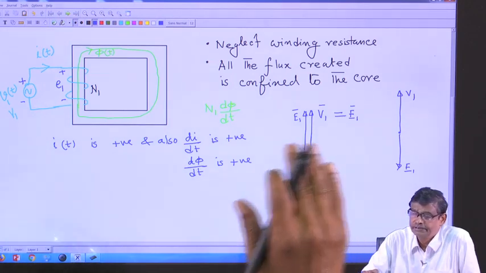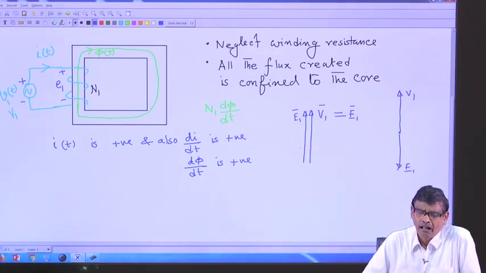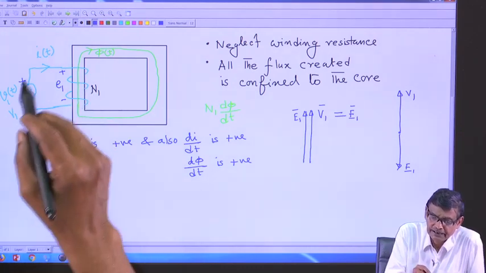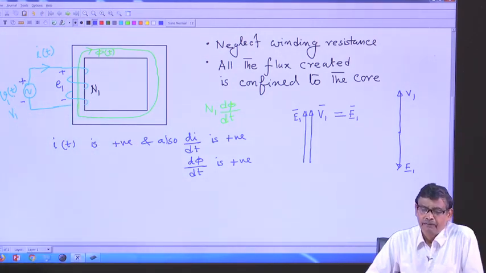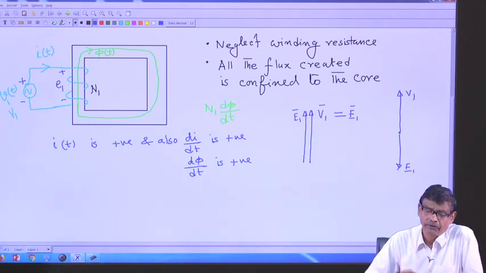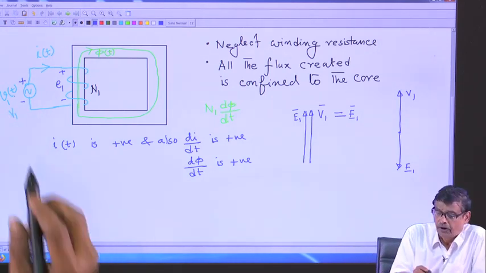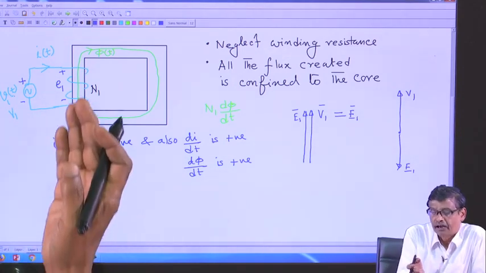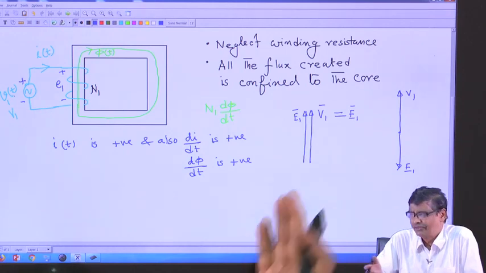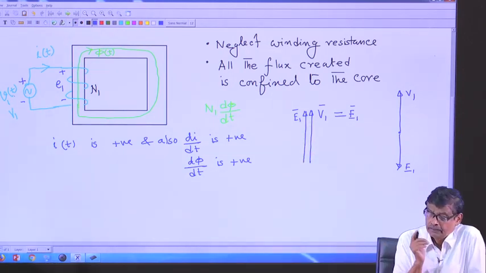So, mind you, this is the thing. In this loop, in this coil loop, KVL is to be satisfied. Therefore, the RMS value of the applied voltage and the RMS value of the induced voltage have to be the same, and we have seen that.